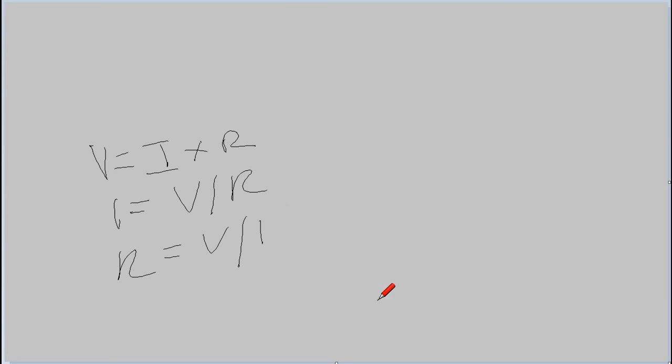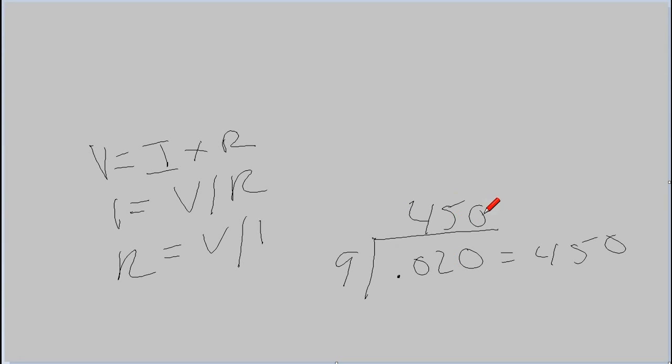When I'm doing the math, you'll notice I say 9 divided by 0.020, and what I should have done was equals 450, and instead what I did was this, and I put 450. So the math is actually accurate, but this is wrong. If I was to do it this way, I should have done 0.020 equals 450.